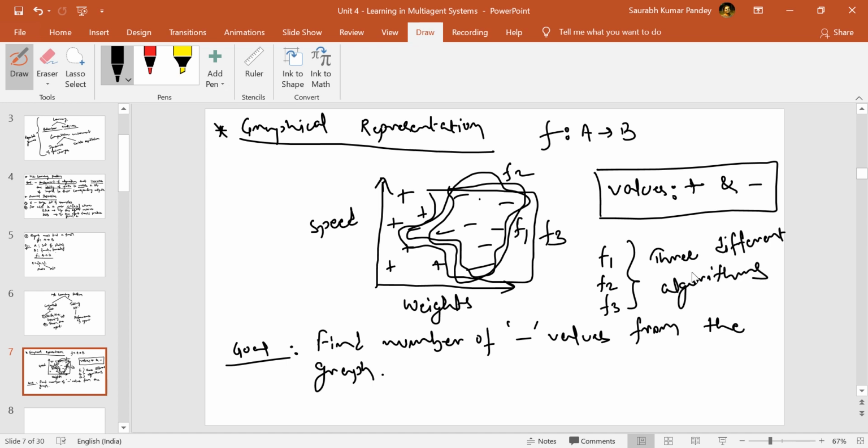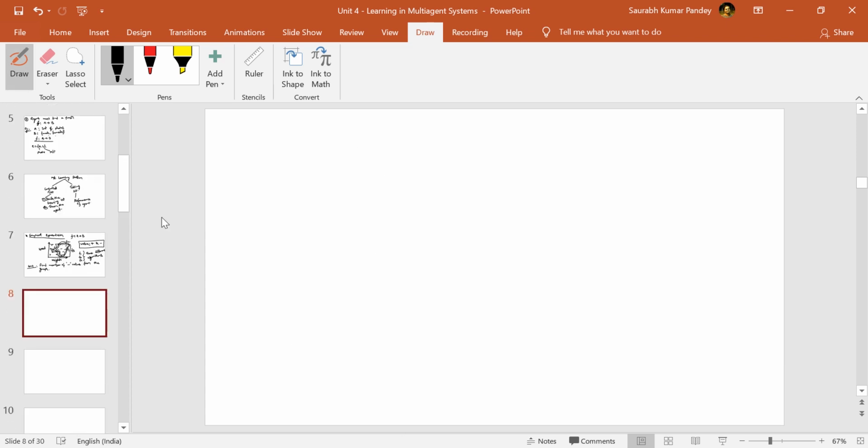So f1, f2, f3, they are doing the same, but they are doing it differently. So what we are trying to find here is that machine learning performs the concept of induction. Okay, so when we use machine learning, the induction process is utilized.